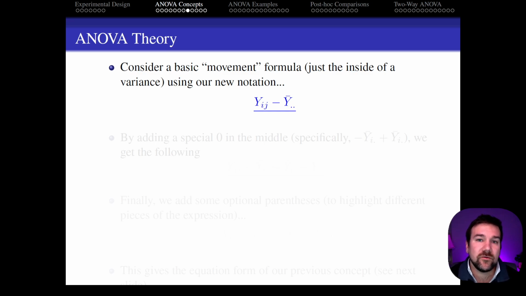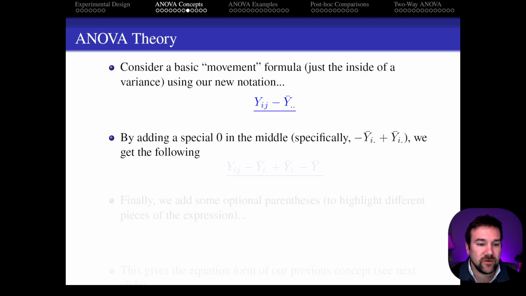Now, what we're going to do is break down this movement formula into two different components. So I'm going to add a special 0, minus y bar, yi dot bar, plus yi dot bar. And remember, if I have a minus and a plus thing together, those are 0. So I'm adding 0. That doesn't change anything. I promise, nothing up my sleeves. But I'm going to put it in the middle, right after the yij. So I'm going to do yij minus yi dot bar plus yi dot bar minus y dot bar.